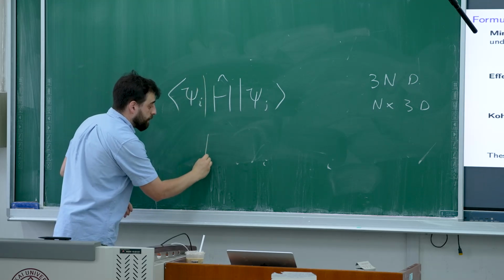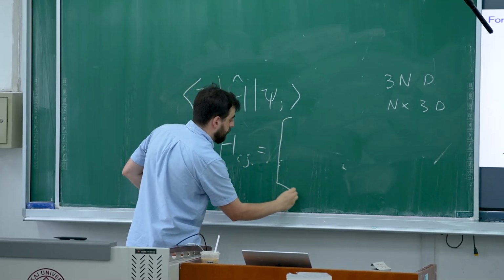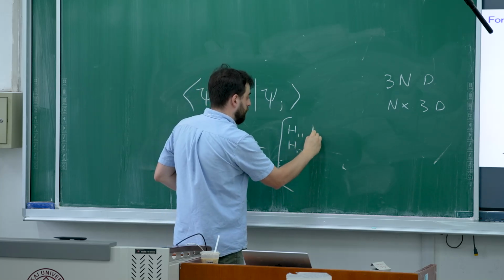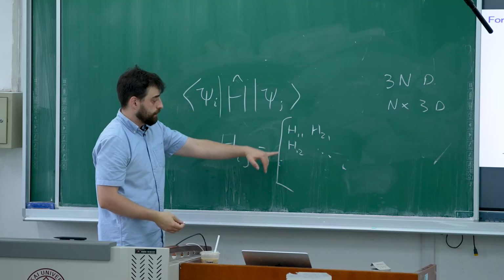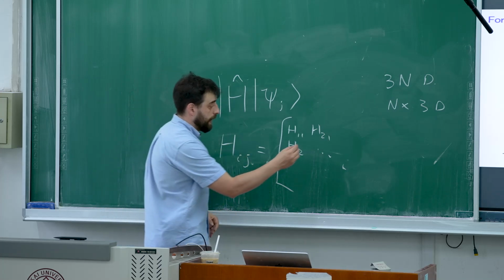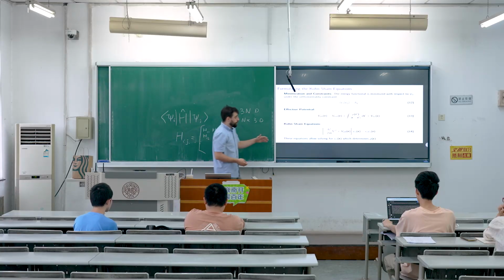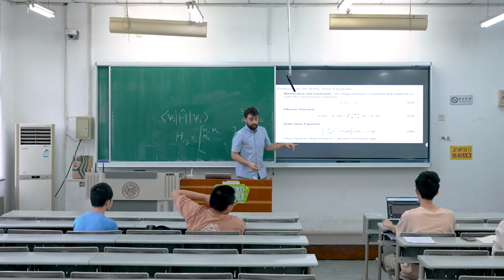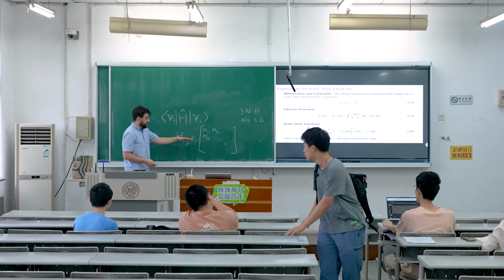Our Hamiltonian matrix, H_ij, is now going to be something like this, where we have H11, H12, H21, etc. And this is an n by n square matrix. So in order to solve this, what we're actually going to have to do is diagonalize or take the eigenvalues of this matrix.